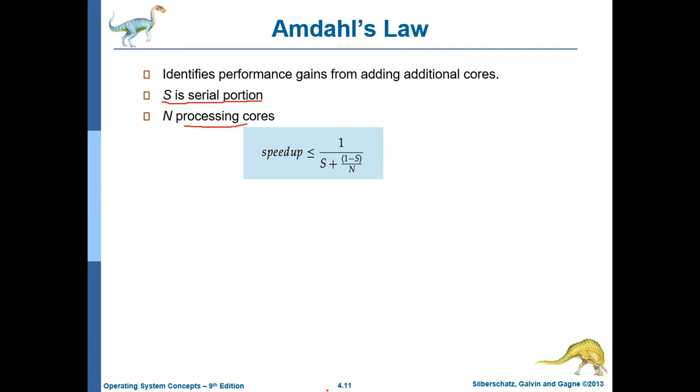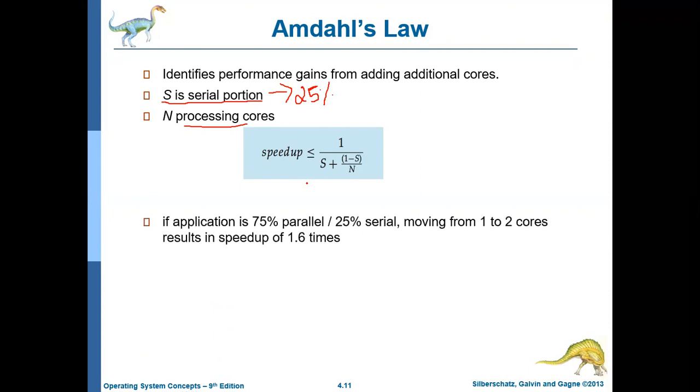Okay. So let us consider a typical example. Let us assume that 25 percent of instructions have to be executed serially in our system. For a given process, 25 percent of instructions should be executed serially, and the remaining 75 percent of instructions can be executed in parallel.